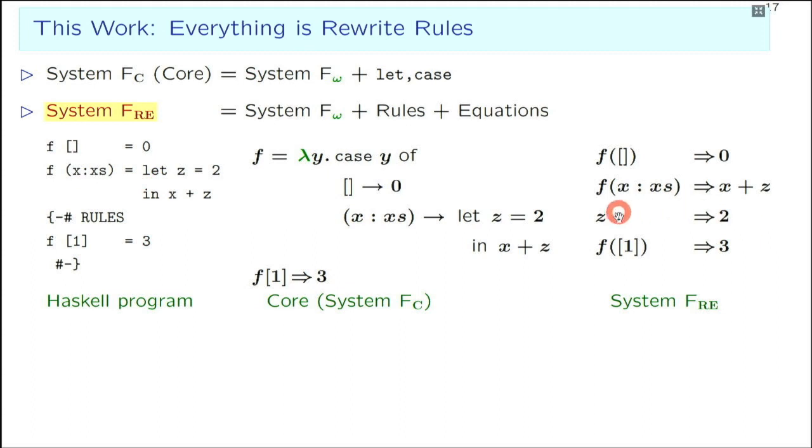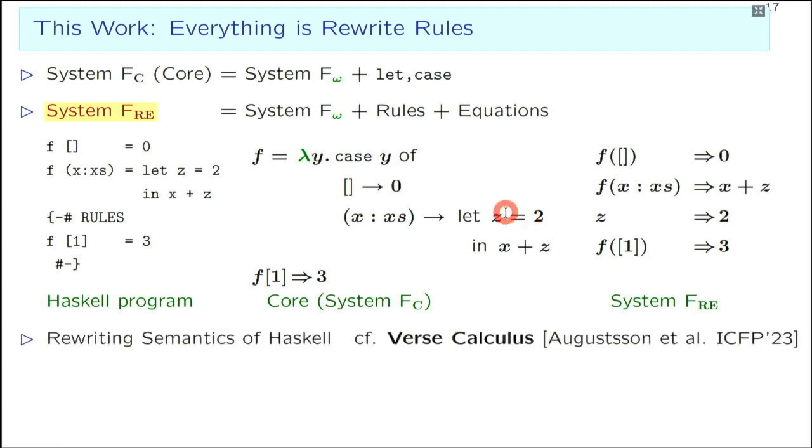And also, this letrec binding is lifted to a top-level rewrite rule. And rewrite rules are just rewrite rules, but on Core. So in system FRE, everything is a rewrite rule, which also gives a rewriting semantics of Haskell programs.